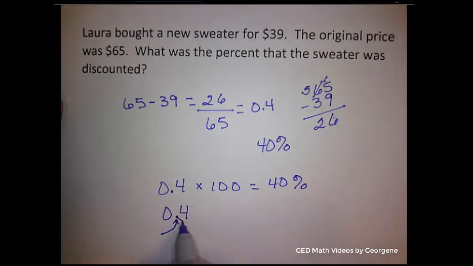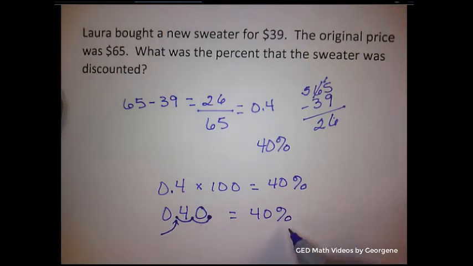So we'll move it 1 place, and then we have to add a 0, and then we can move it a 2nd place, and right there now is that decimal point, and so that equals 40%.